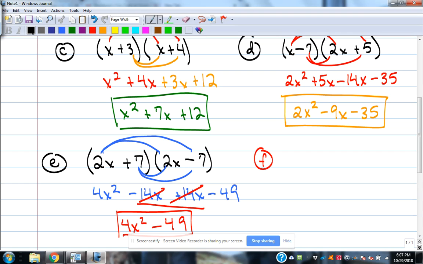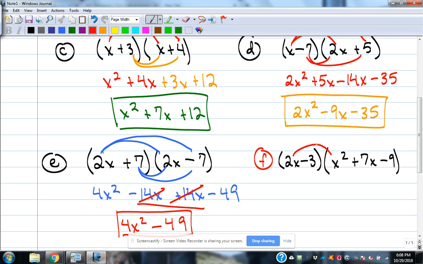All right. Let's do 2x minus 3 times x squared plus 7x minus 9. How many things am I multiplying 2x to? 3 things. Okay, so it's a little longer, not any more difficult though, right?